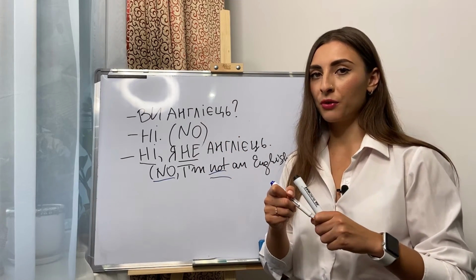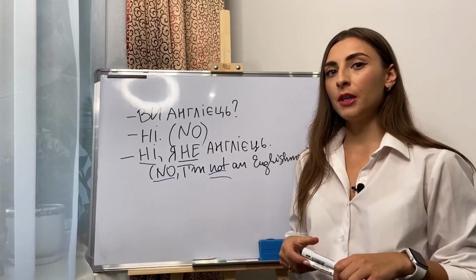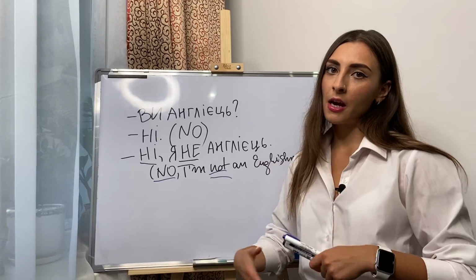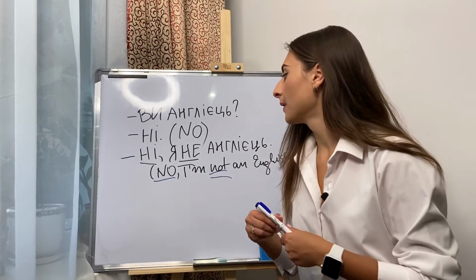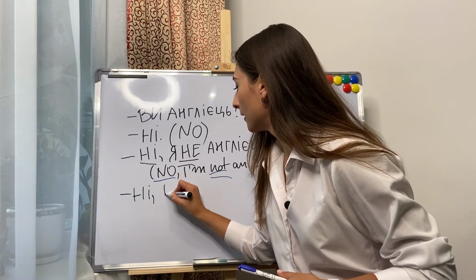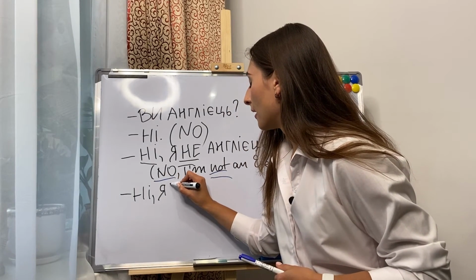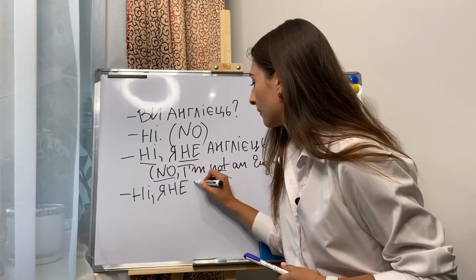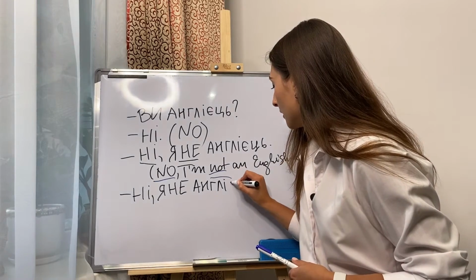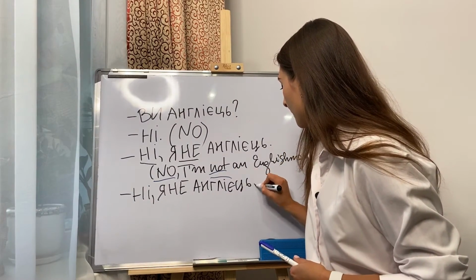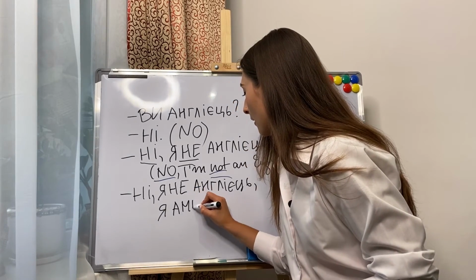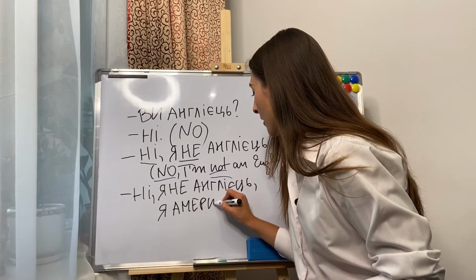Again, in Ukrainian we don't have the verb to be in the present tense, and we don't have articles. And another variant of a long answer: ні, я не англієць, я американець.